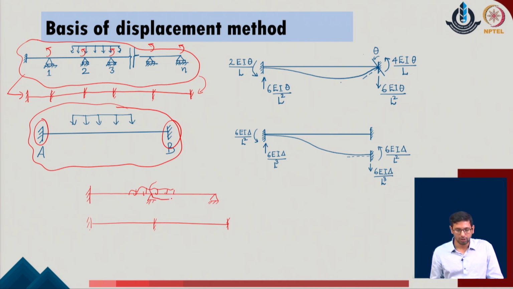If I name the spans AB and BC, the span AB will only entertain the load which is active on span AB, whereas the span BC will only entertain the load which is active on span BC.